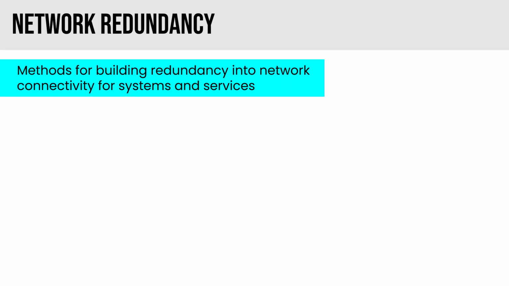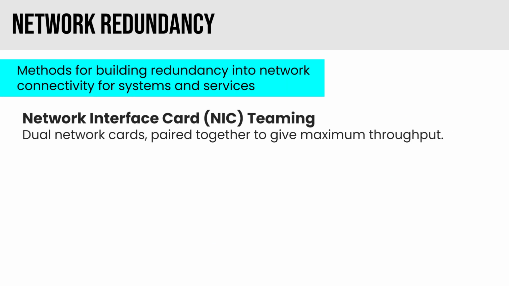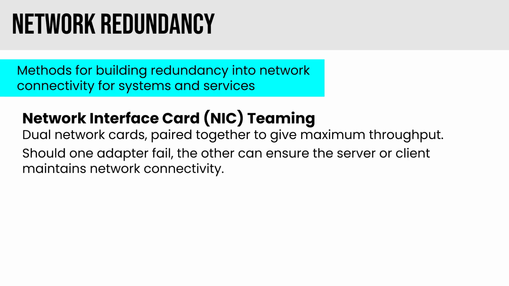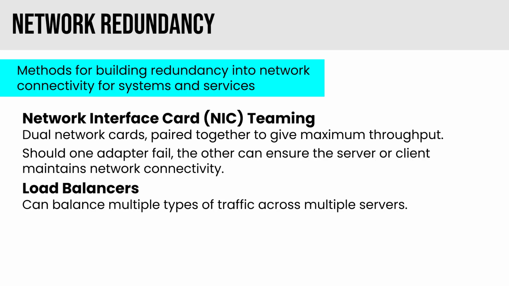So network redundancy. So methods for building redundancy into network connectivity for systems and services. You have network teams, network interface cards, or NIC teams. These are dual network cards paired together to give maximum throughput, and you can configure those so should one adapter fail, the other can ensure the server or client maintains network connectivity.